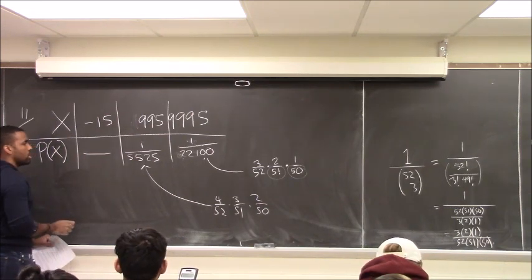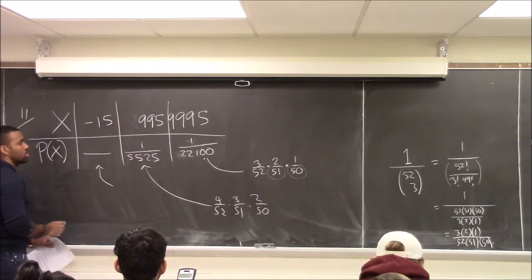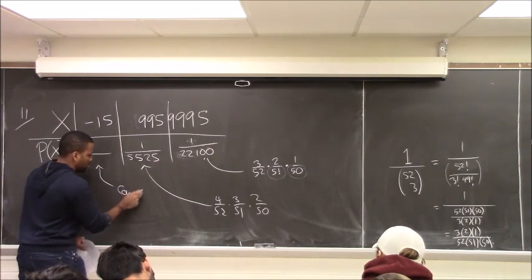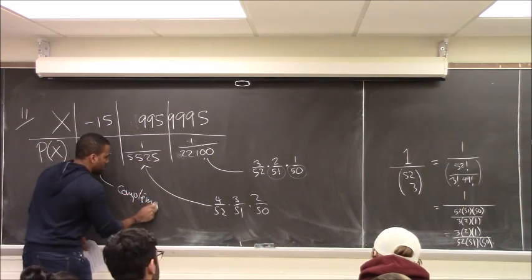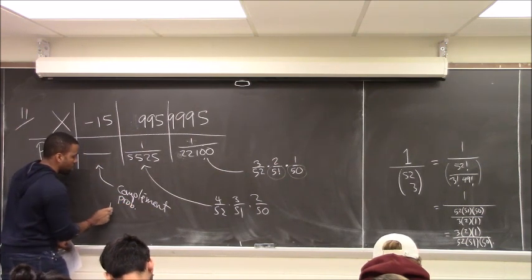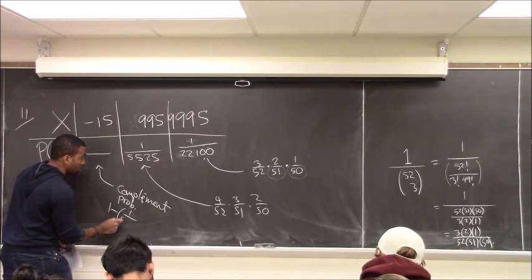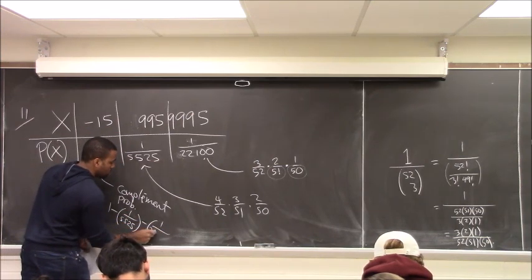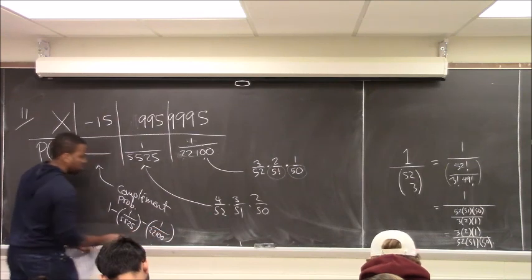And this one, how did you figure out this one? We did 1 minus the 2 other probabilities added. Complement probability. So you pretty much took 1 minus 1 over 5,525 minus 1 over 22,100.